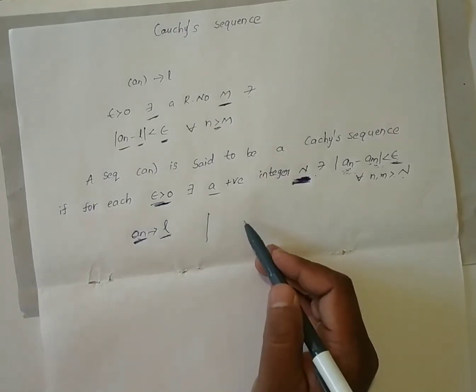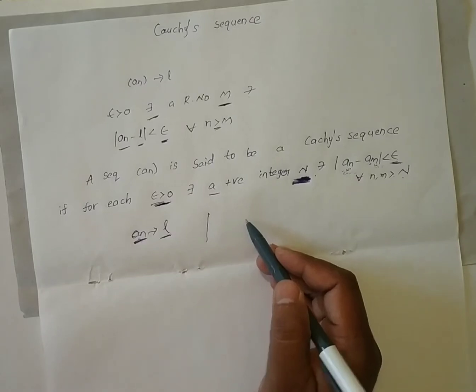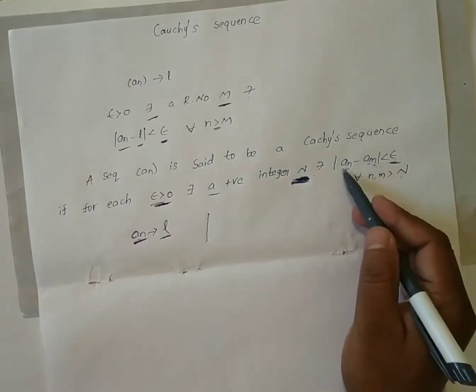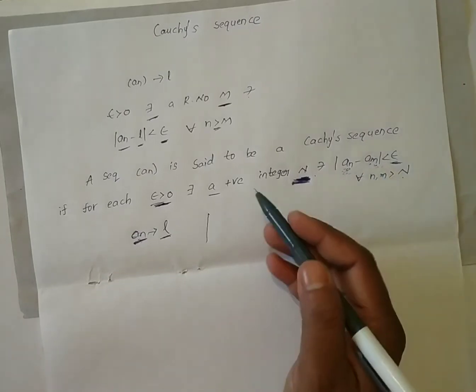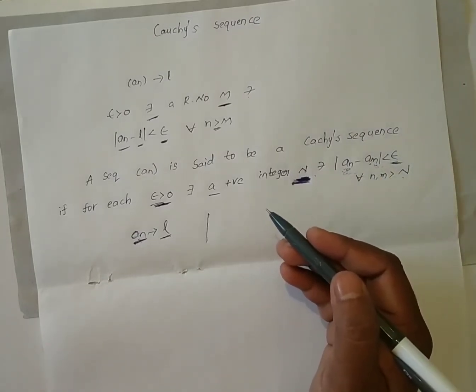But Cauchy sequence is related to two terms of the sequence. So this is the relation between convergent sequence and Cauchy sequence.